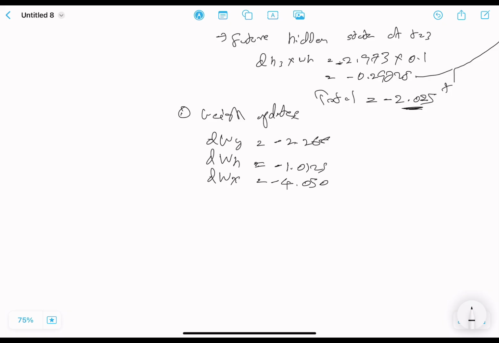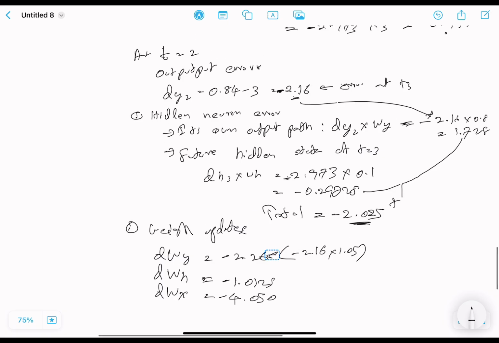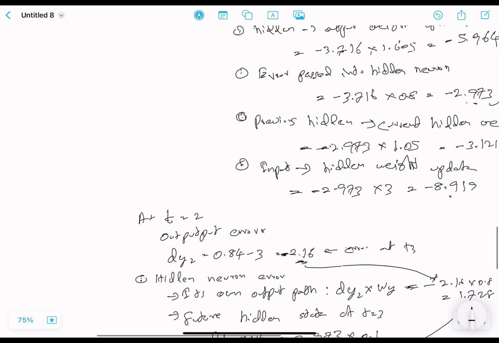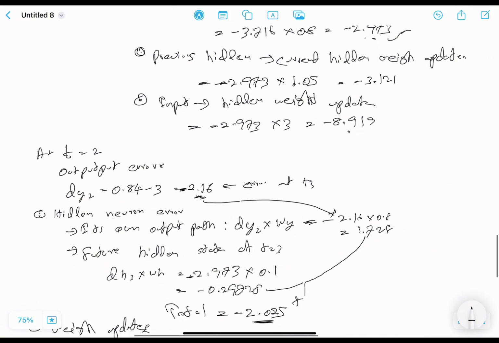So you might be wondering how I got these numbers. I got these numbers from these, right? Minus 2.16 into 1.05. Minus 2.16 is the error at time step 2, into 1.05, which came from the time step 2 hidden state value, right?